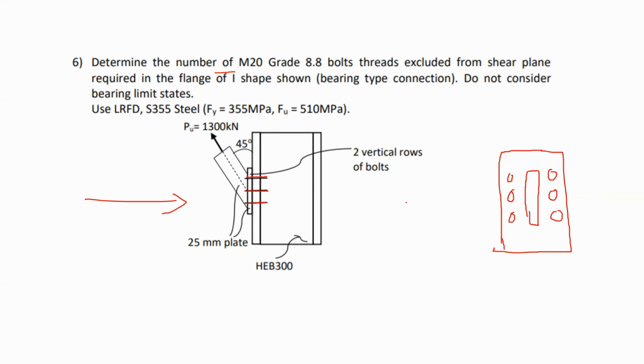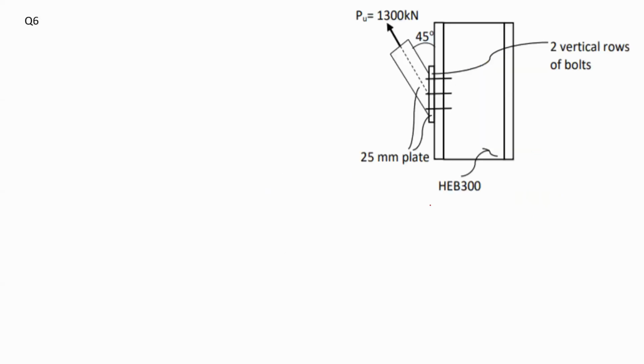Now, in order to solve this problem, again, I have to consider the effective forces on my bolts. As you can see here, I have 1,300 kilonewtons applied force in that direction, 45 degrees. If you divide that force into components, first you realize that you have a shearing force effect on all of your bolts, and I call it VI.